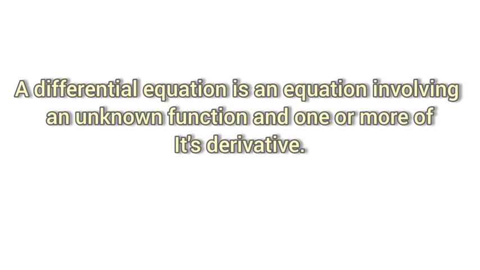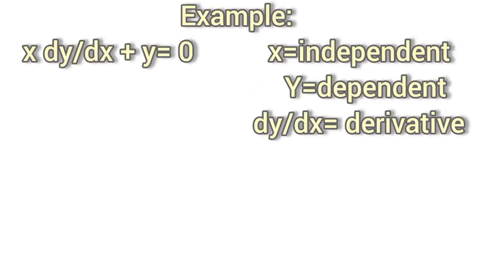Let's look at an example. We have this equation: x dy/dx plus y equal to 0. In this equation, we have dy/dx, which means differentiate y with respect to x.